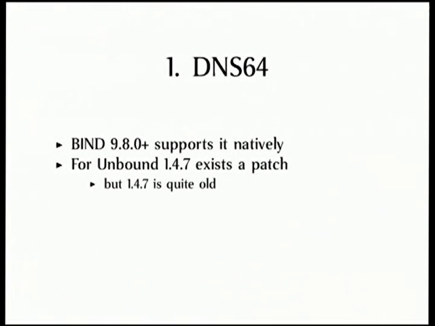So DNS64 is quite well implemented in the BIND server, and there also exists a patch for Unbound, but it's not maintained, it's just for an old version. But if there is need, it can be used.